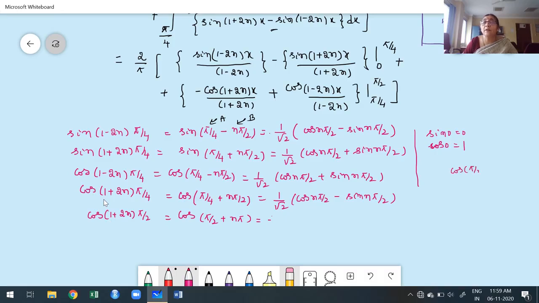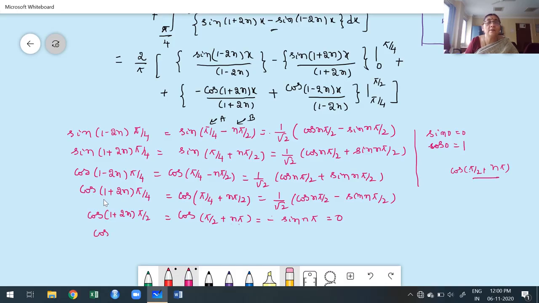The easiest way to verify: cos of a plus b is cos a cos b minus sin a sin b. Now here, cos of pi by 2 plus theta is minus sin theta. What is theta? Minus sin n pi. What is sin n pi value? 0. This is one way. Or cos of pi by 2 plus theta is minus, cos to sin, minus sin of n pi. What is sin of n pi? 0.